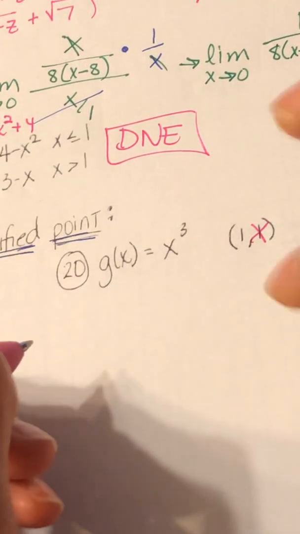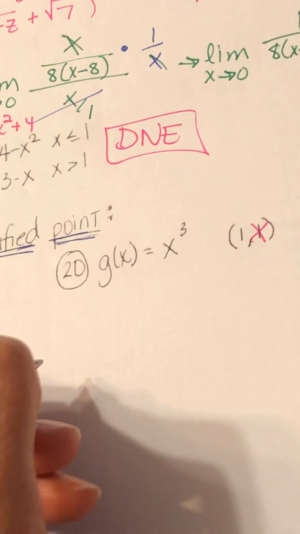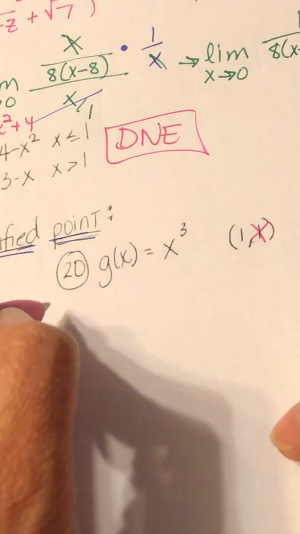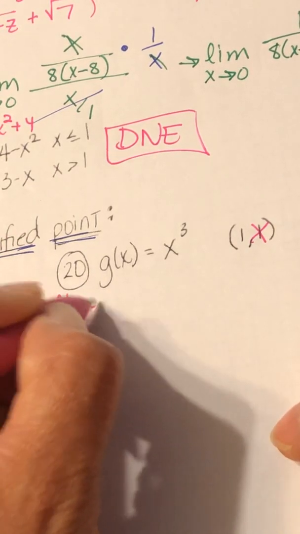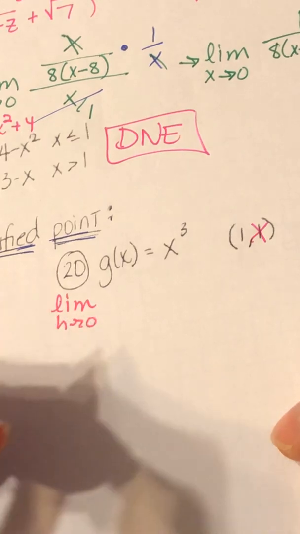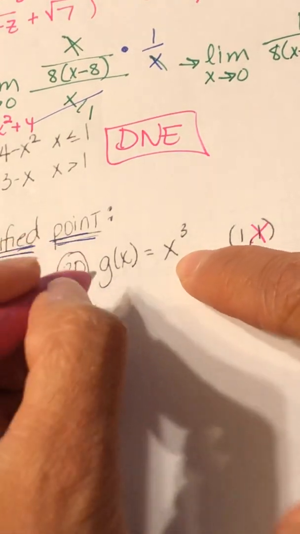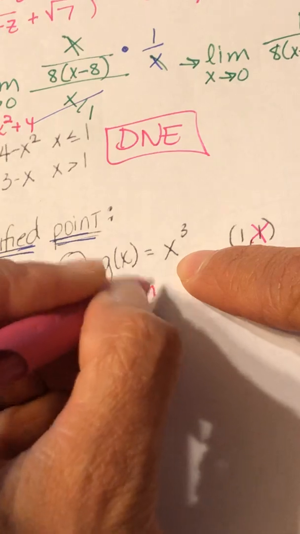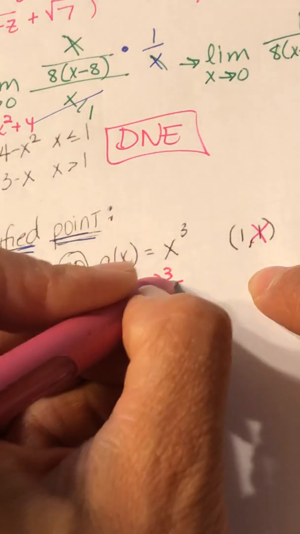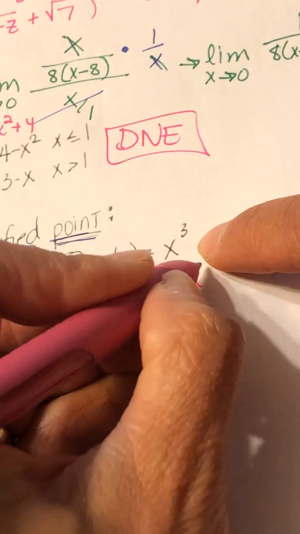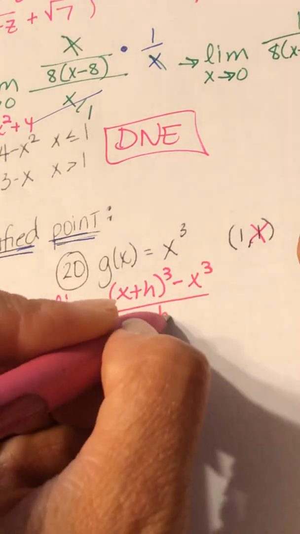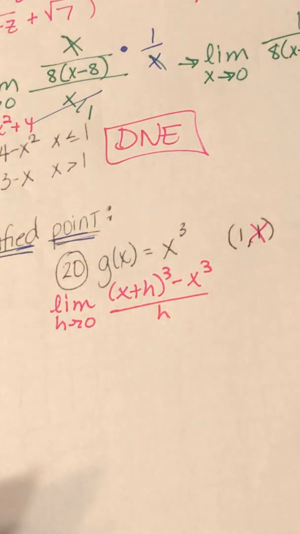So that means we have to do the f of x plus h minus f of x all over h thing. So we have the limit as h approaches 0 of, I need to plug in x plus h, so x plus h quantity cubed minus g of x, which is just the x cubed, all over h. Okay.